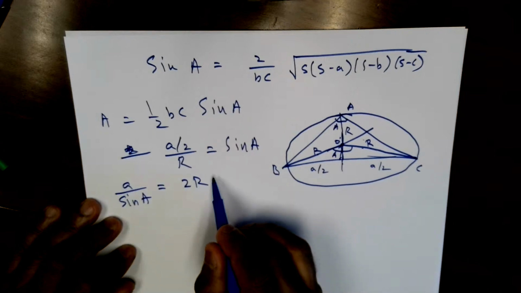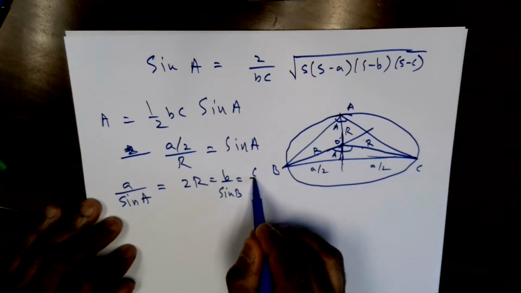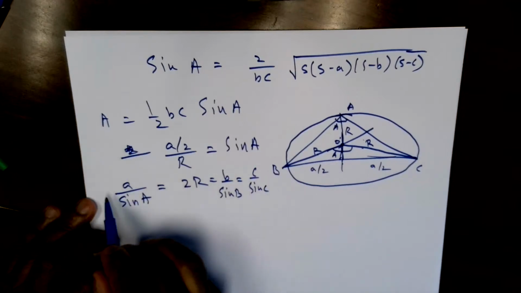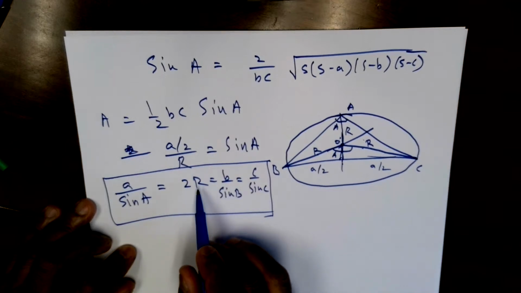And that, of course, extends as b over sin B and c over sin C. Another classic trigonometric identity. But the key is now we can find the radius of the circumcircle.